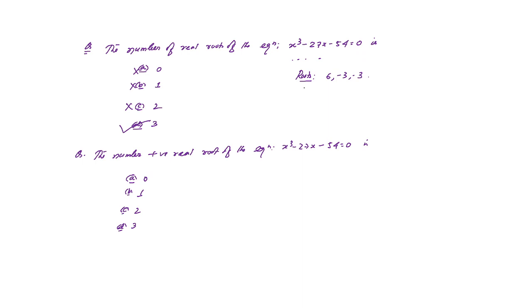You will see the roots are 6, minus 3, minus 3, so the number of positive roots is 1 because 6 is the only positive root. So option B is correct, all other options are false. In that way, the question is asked as an MCQ type question.